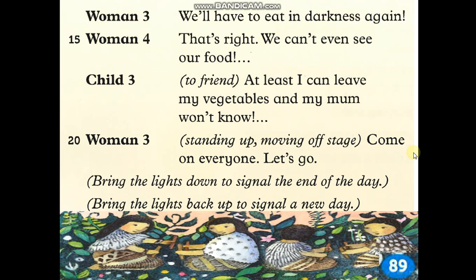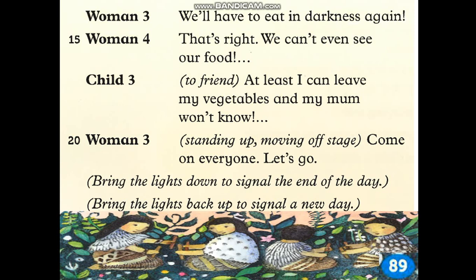So here's what happened. People are still talking, nagging, and complaining that they don't have light because the sun goes down very quickly. So the woman said, we'll have to eat in the darkness again, so we have to eat without looking at our food. So woman 4 said, that's right, we can't even see our food.